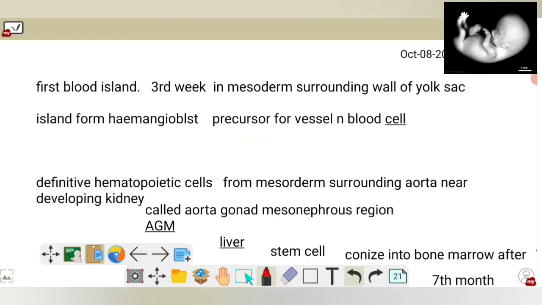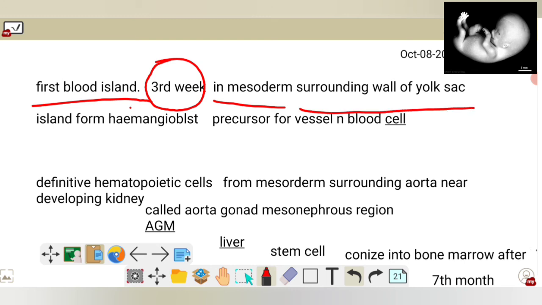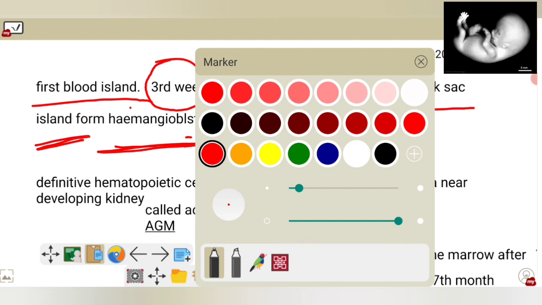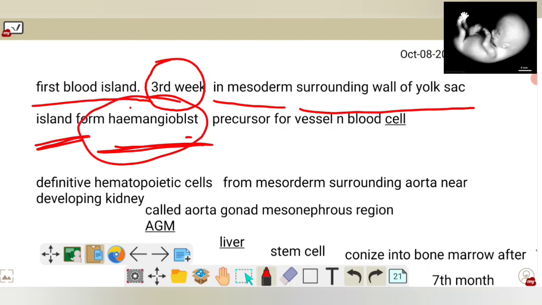Now the first blood island is formed during the third week in the mesoderm surrounding the wall of the yolk sac. This island forms hemangioblast cells, and these hemangioblasts are precursors for both the vessels and the blood cells.